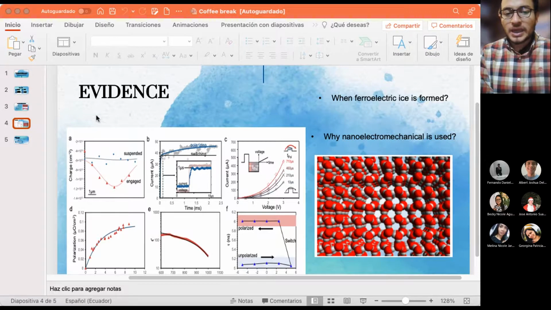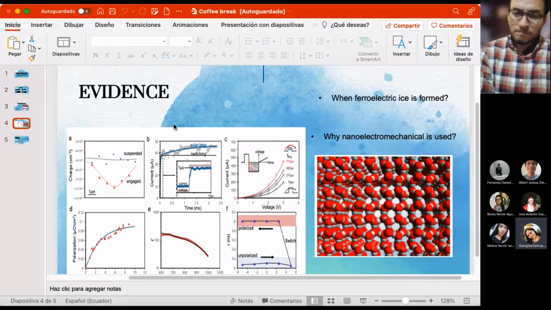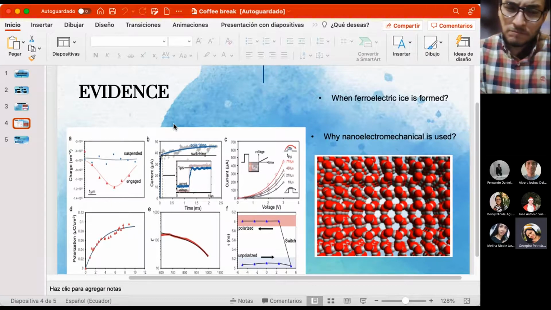Okay. Can you explain again to me figure C and figure F? Yeah, okay. In picture C is the change in different polarization conditions.